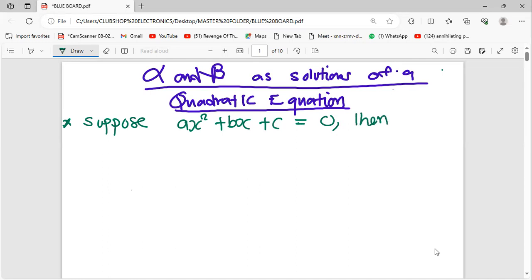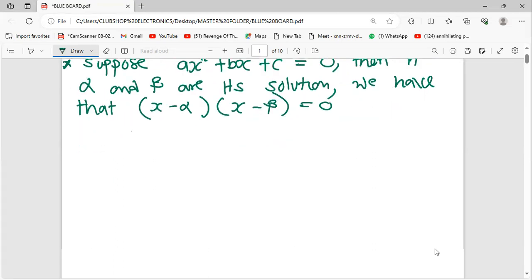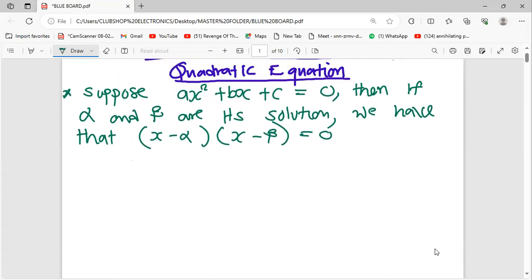Then if alpha and beta are solutions, we have that (x minus alpha)(x minus beta) must be equal to 0.